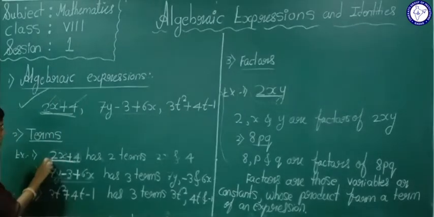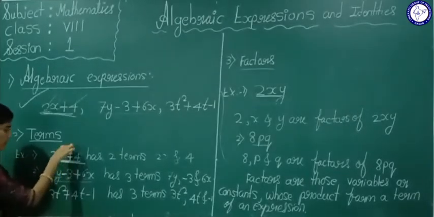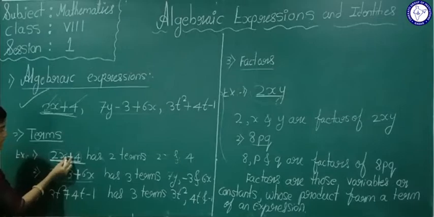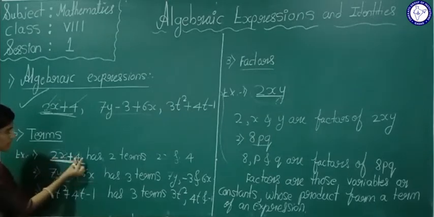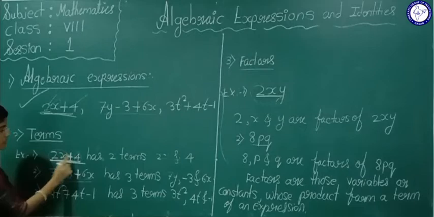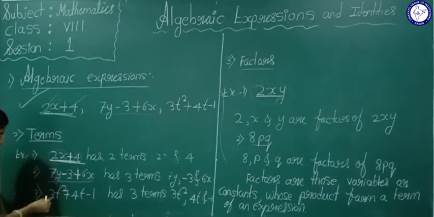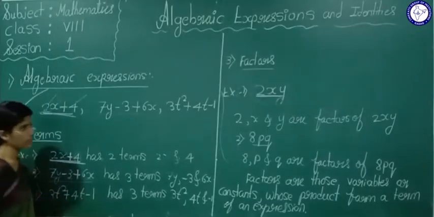Now see, this is an algebraic expression. If a plus or minus is there, the full algebraic expression is separated into parts, that is 2x and 4. Here 1, 2, 3 terms are there.